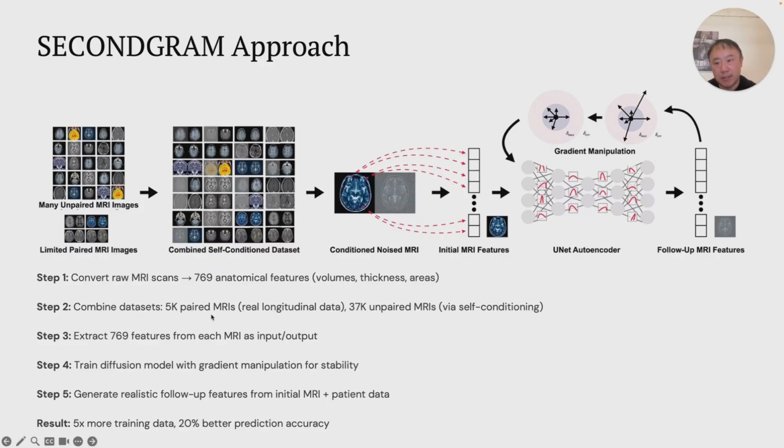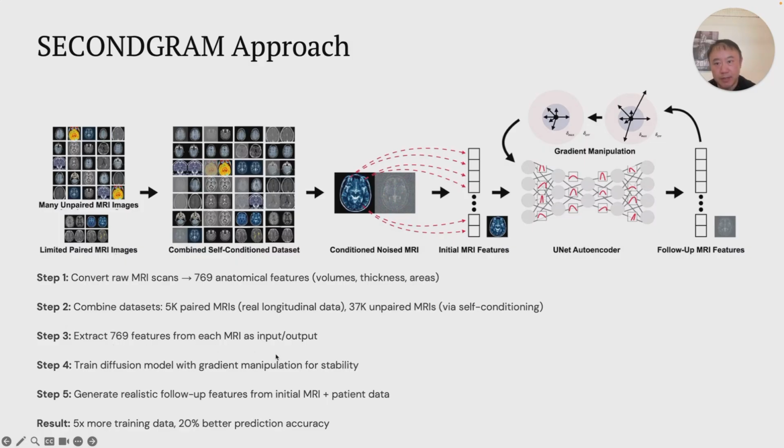We combine the dataset of 5,000 paired MRI, the real longitudinal data, with 37,000 unpaired MRI, and these unpaired ones are augmented through self-conditioning. So we have created this combined set of all those paired data.